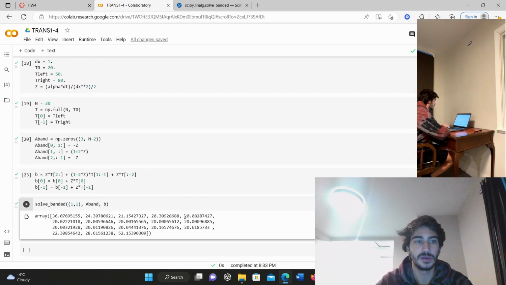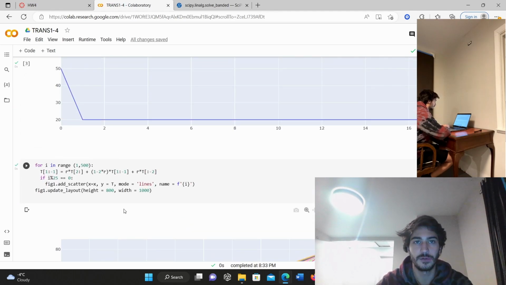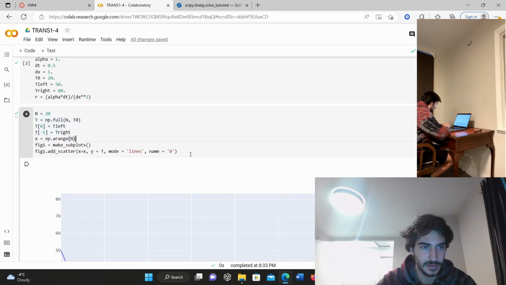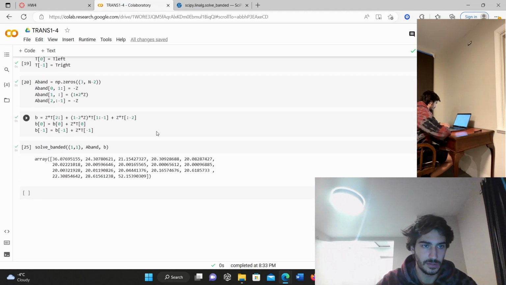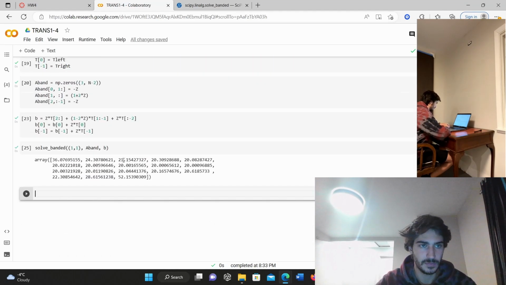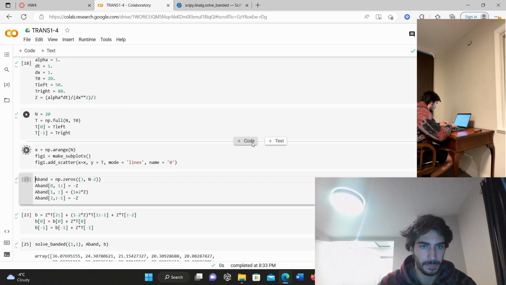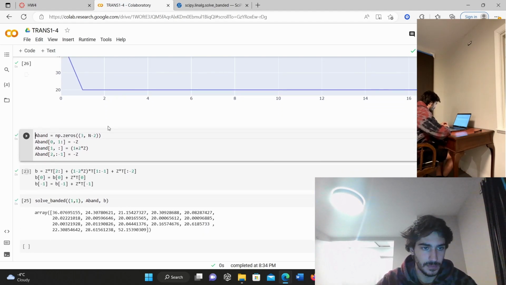So now what we want to do here is the same concept we did previously, which is simply run it through a for loop. So I'm actually going to bring this back so that we can graph it out. I'm going to put it in here. That should be good.